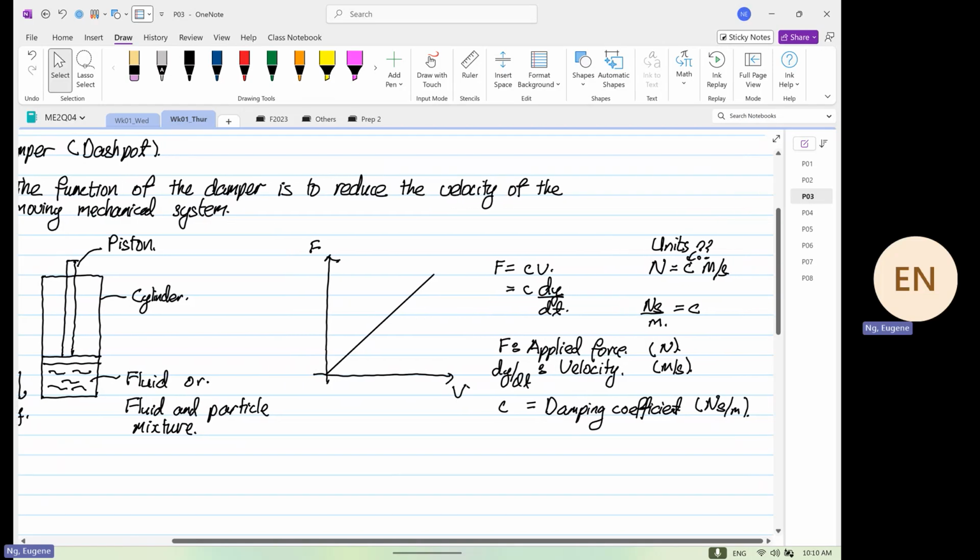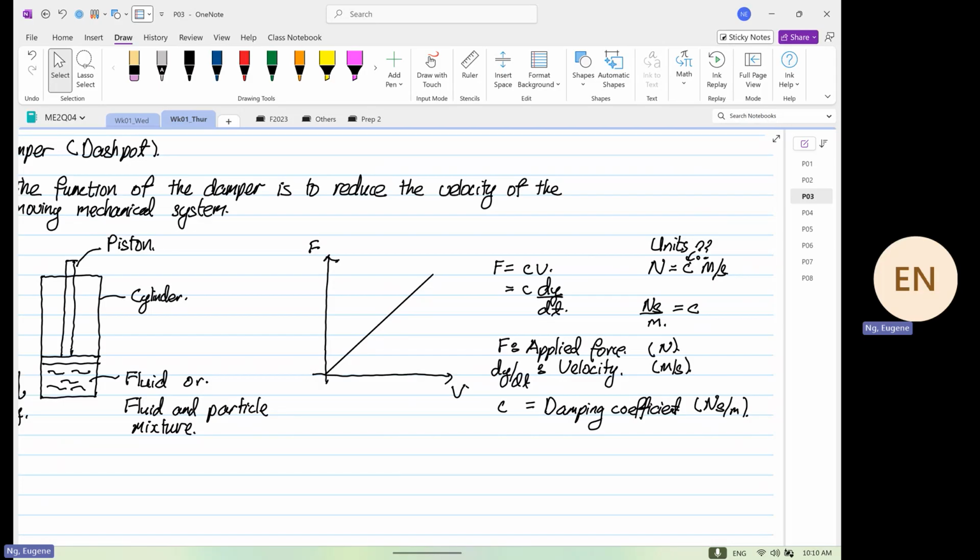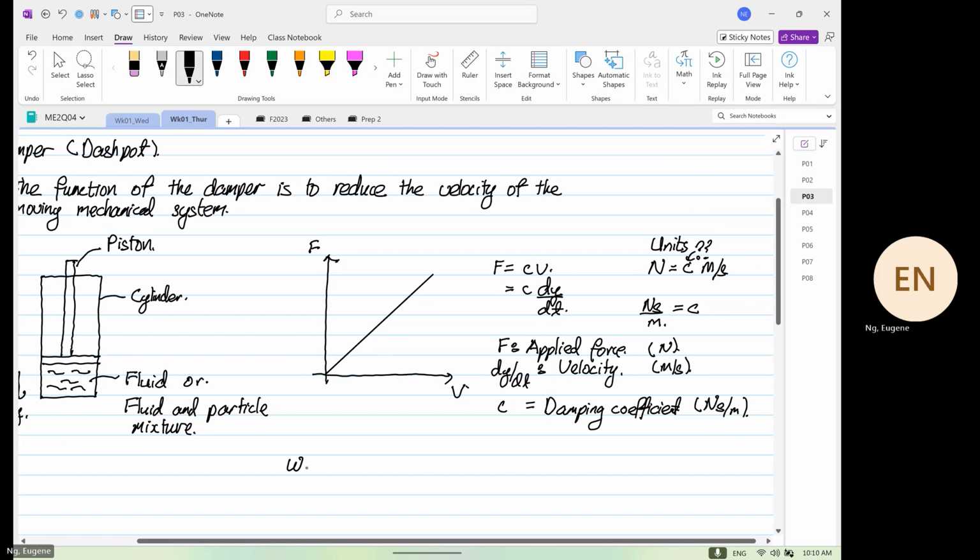So what we do to change the damping coefficient, okay? If it is real straightforward, for example, you can just, as an illustration, put water or you can use what? Oil. Are we clear? If you use water, so let's compare water, oil. I'm not saying mercury is a good fluid to use. Okay.